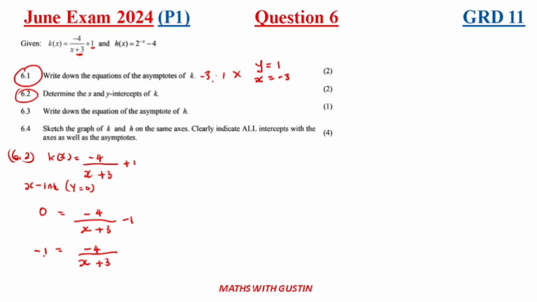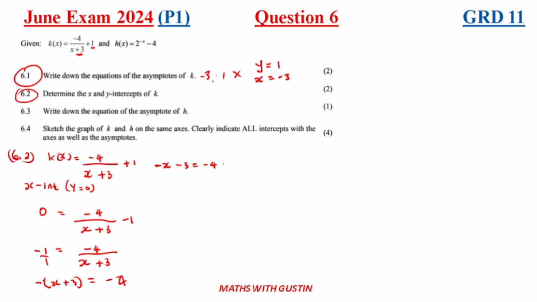Therefore we can cross multiply. This is as good as over 1. Therefore if I do cross multiply here, I'm going to have negative in brackets x plus 3, and therefore negative 4 this side. Therefore multiply throughout with a negative. You're gonna have negative x negative 3 is equals to negative 4.